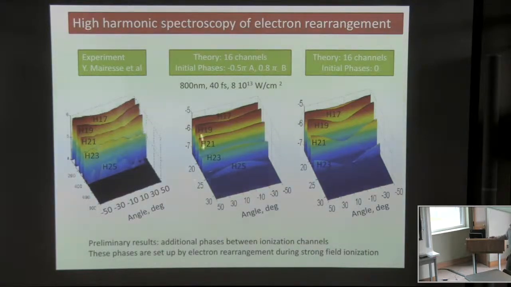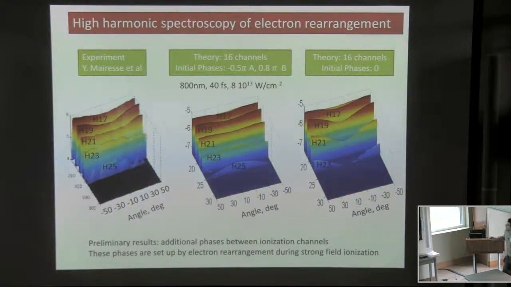So here we have the experimental harmonics, measured between minus 50 and 50 degrees. We have intensity here, and this is harmonic number, of course.